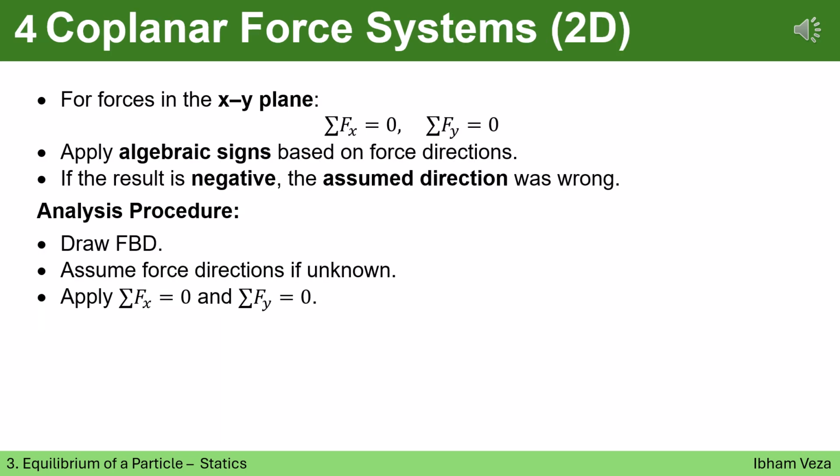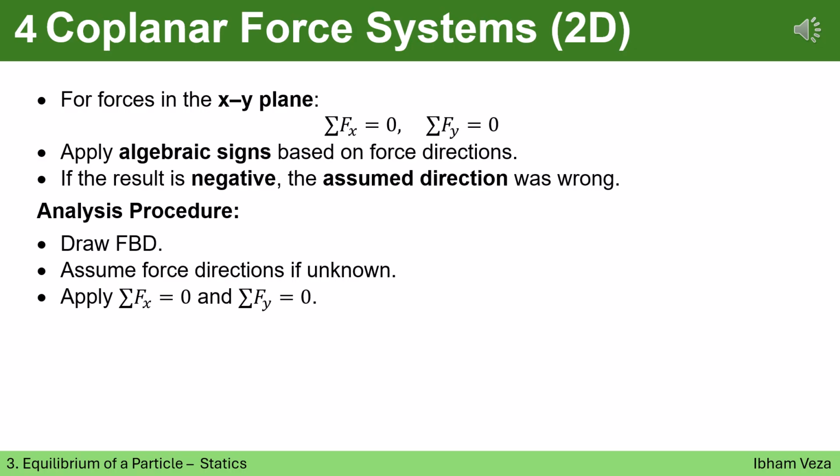Coplanar force systems, 2D. In a coplanar force system, all forces lie within the same plane, usually the xy plane. For equilibrium, the sum of forces in the x direction and the sum of forces in the y direction must each equal zero. When solving problems, begin with a clear free body diagram.